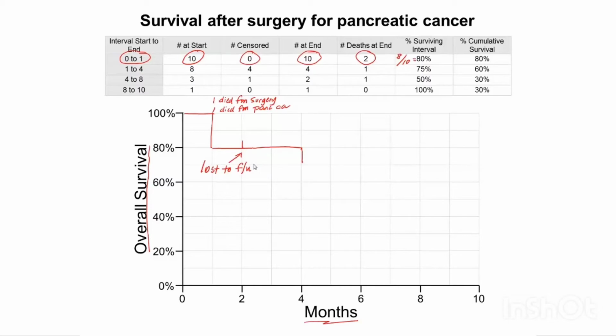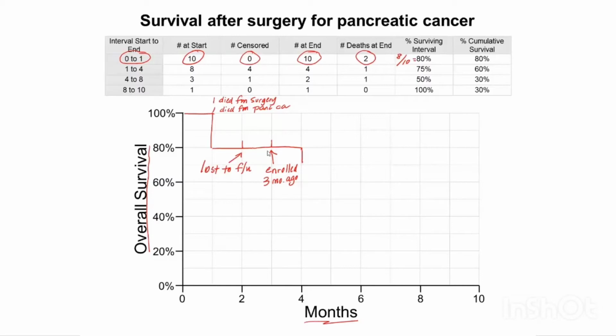In addition, we'll have another patient who entered the study 3 months ago. Okay, we're writing the paper now, but we did the surgery 3 months before. So that patient, we know, survived out to 3 months, but we're not willing to wait longer.